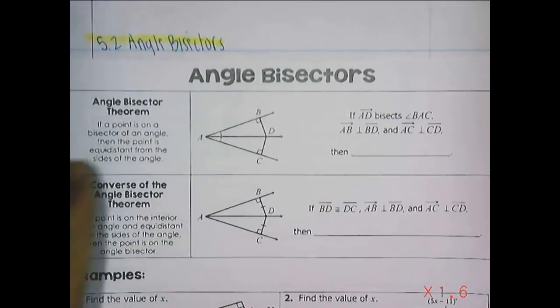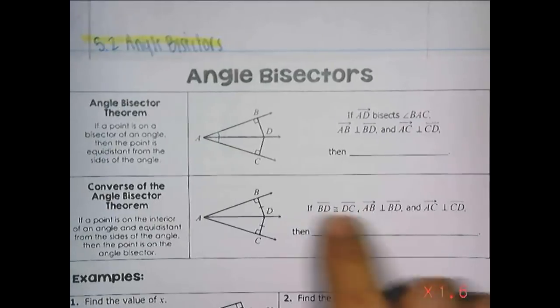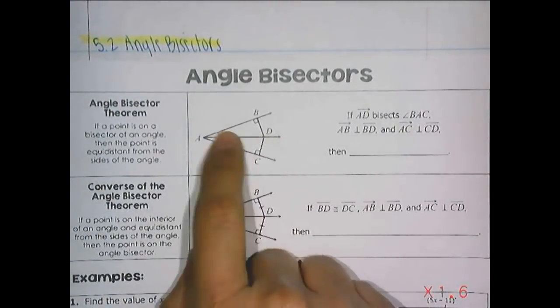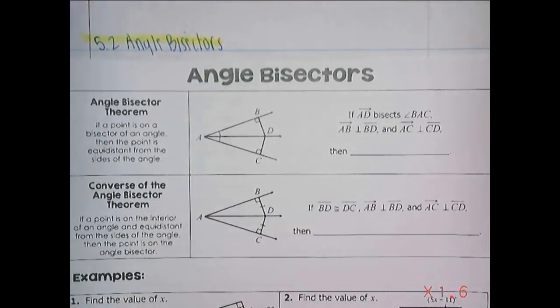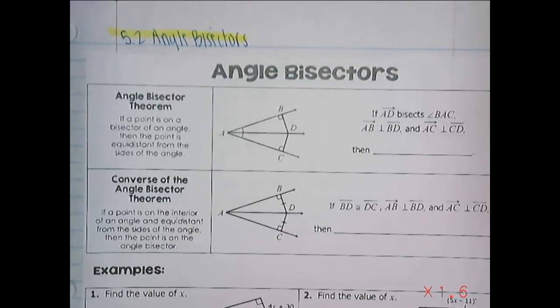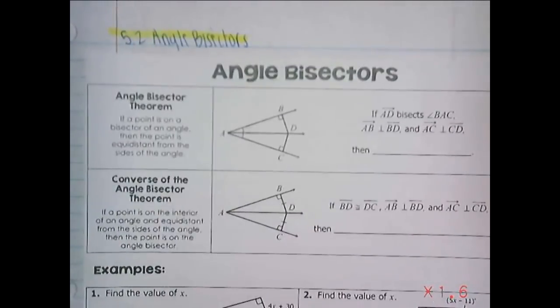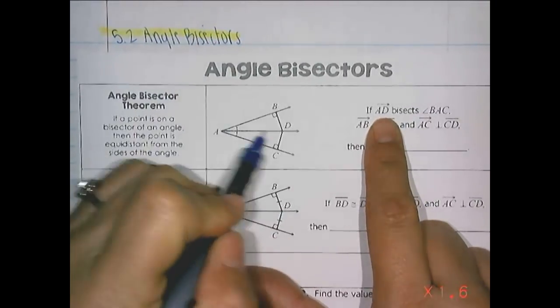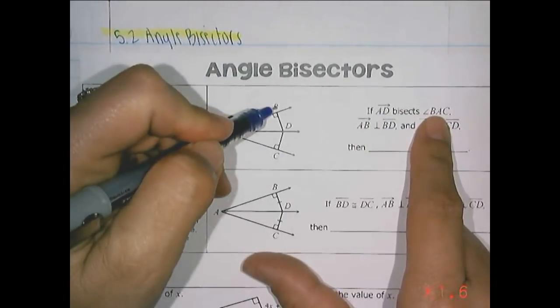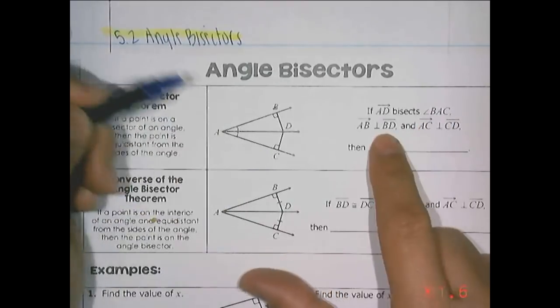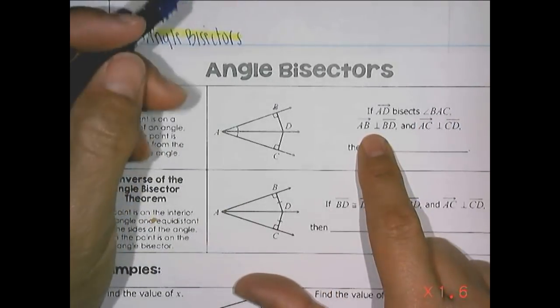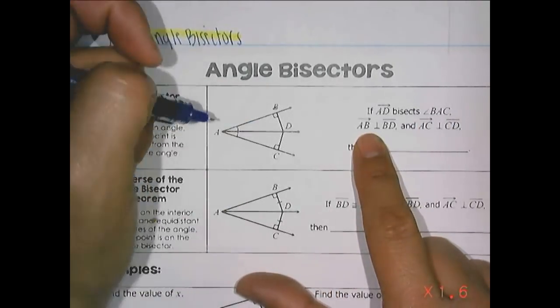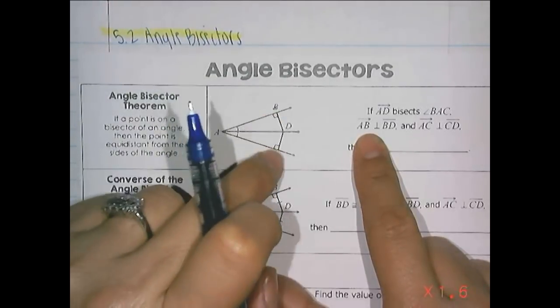Okay, if a point is on the angle bisector, then that point, wherever that is on that angle bisector, is equidistant from the sides of the angle. Let's see if I can get this to focus a little bit better. So what we're going to read here is we see that if AD, this segment, bisects angle BAC, this entire angle, AB is going to be perpendicular to the edges.